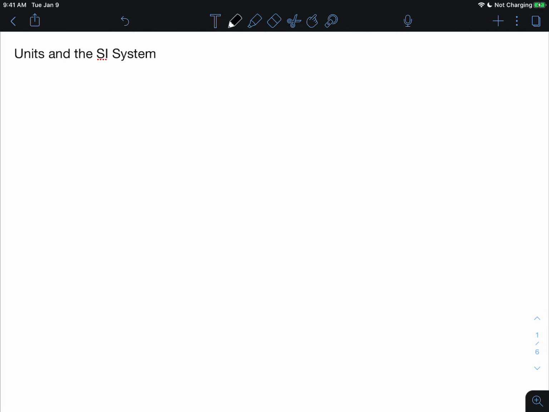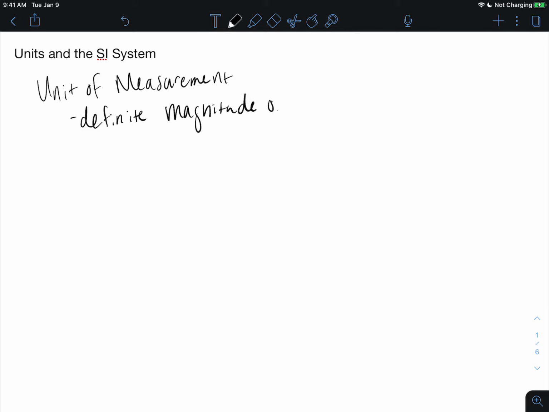So when we talk about a unit of measurement, we are talking about a definite magnitude of a quantity. So defining a unit defines how much we mean. We always use units of measurement when we are expressing a physical quantity.